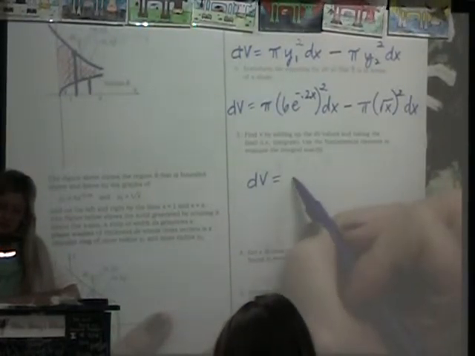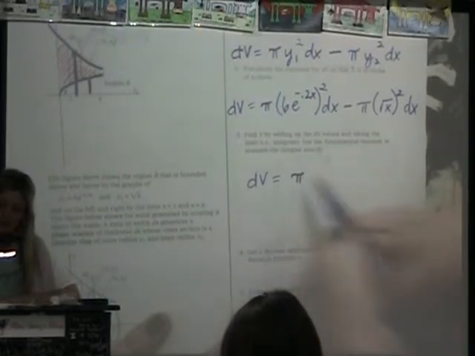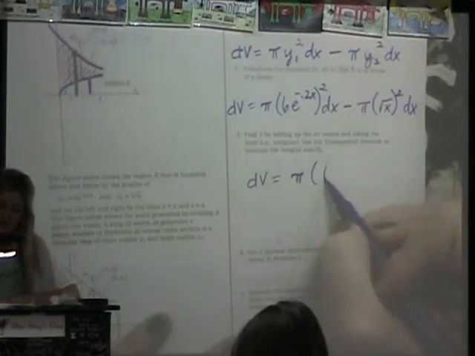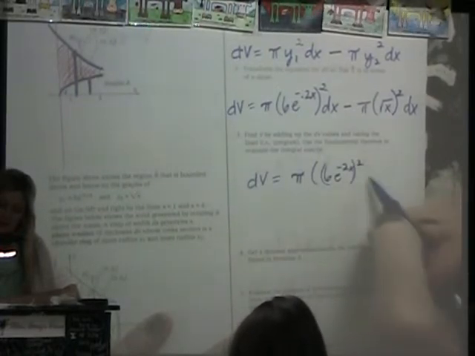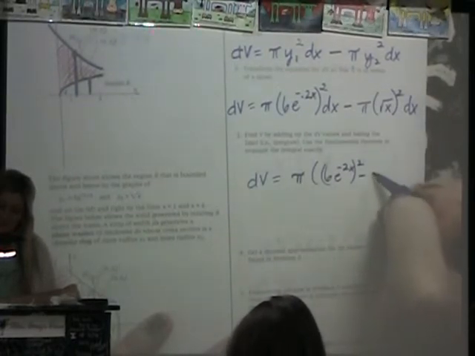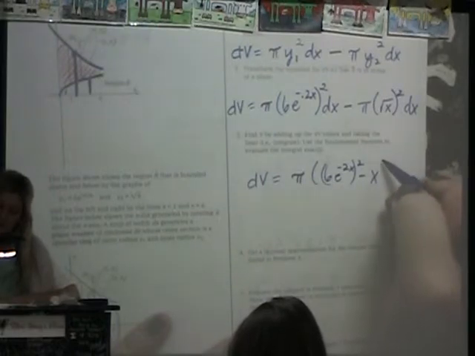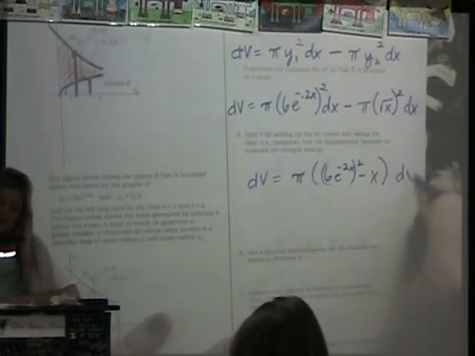Is everybody okay if I write it like this? Pi times 6e to the negative 2x quantity squared minus x, dx.